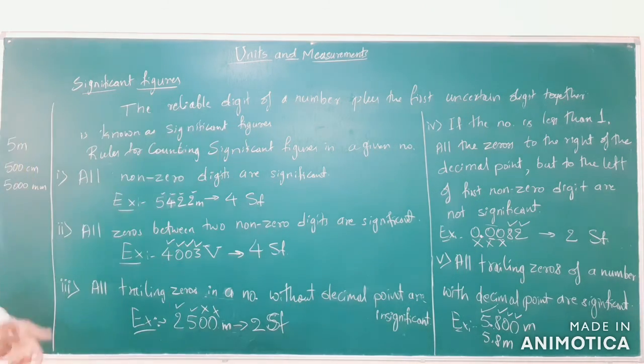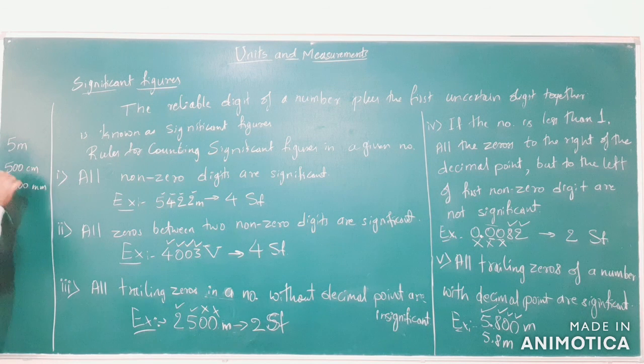For example, if the value is 5 meter and I want to convert it into centimeter, mathematically they are fine, but it is suggested to write 500 centimeter as 5 into 10 to the power of 2 centimeter. So this 10 to the power of 2 is insignificant. Any power of 10 with the value is insignificant.